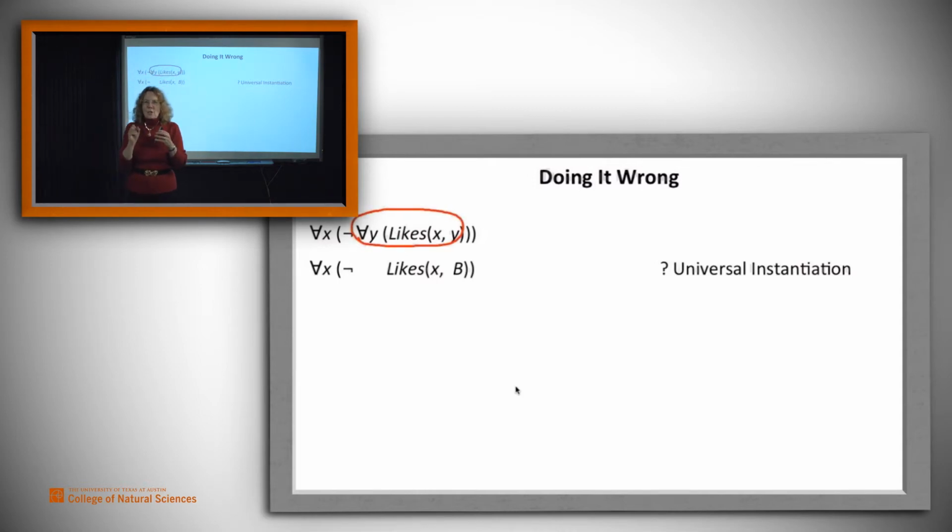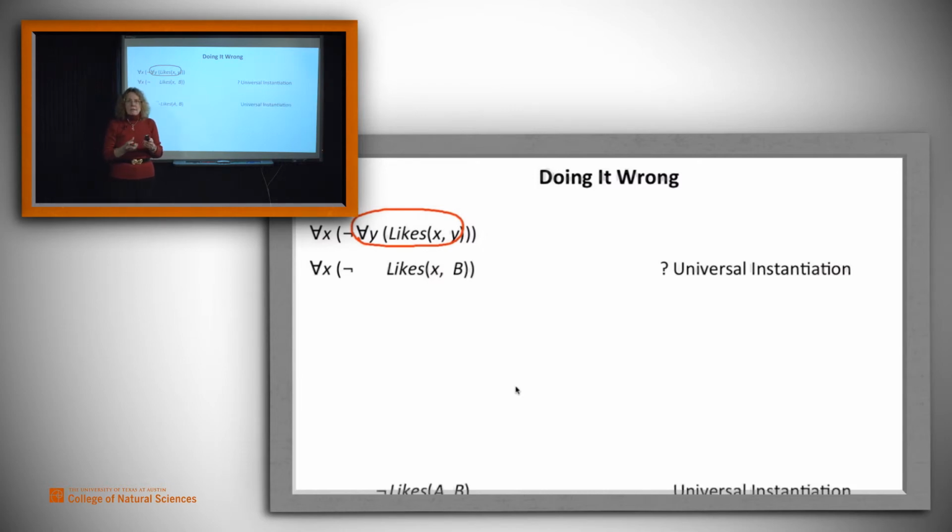We're going to replace just the for all y likes x y using something we'll call questionable universal instantiation. And we'll replace the y with b. In this case, I'm going to pick an arbitrary value, not a particular value, but an arbitrary one that I could reason with and perhaps derive universal conclusions later. So I have that. Everything else stays the same, just that.